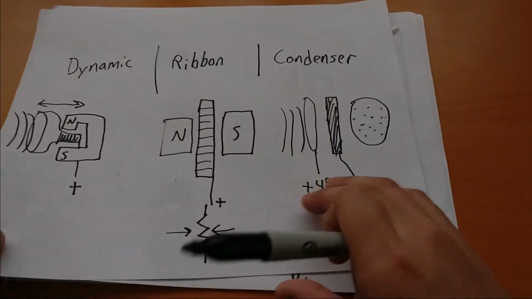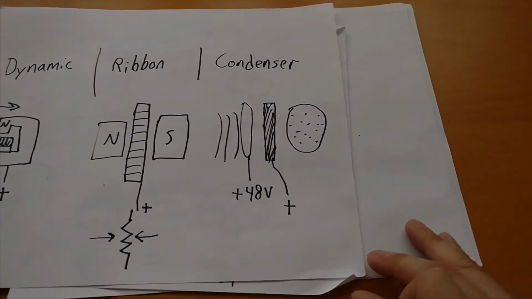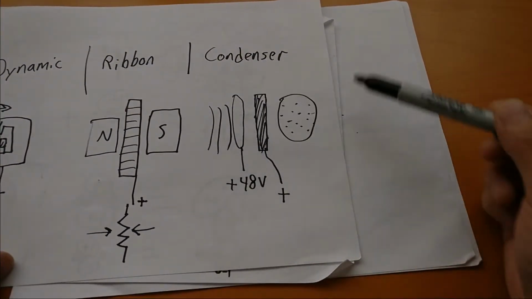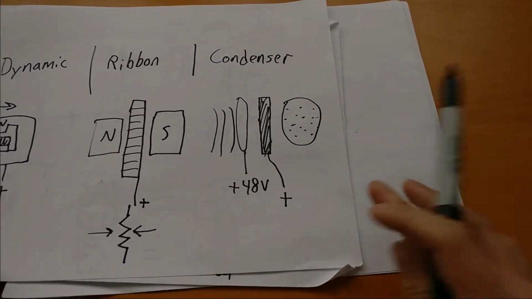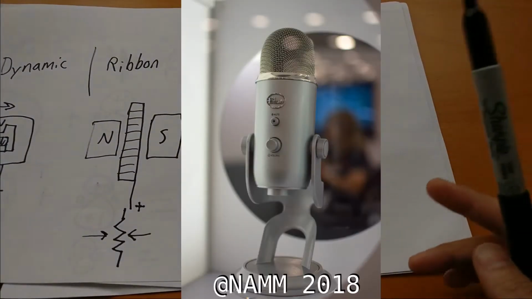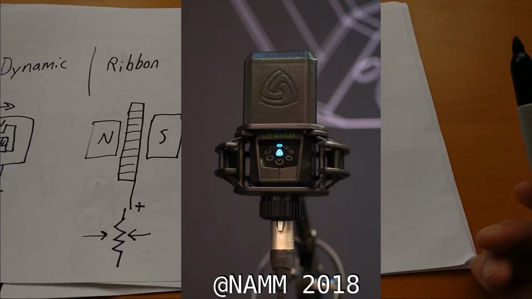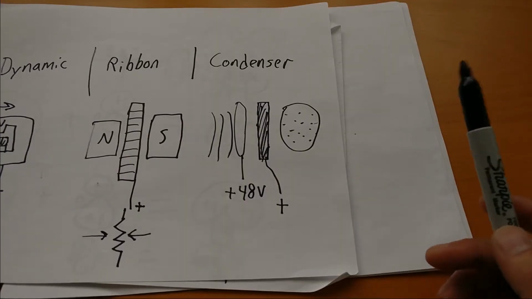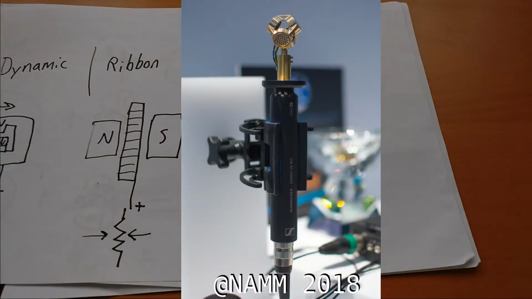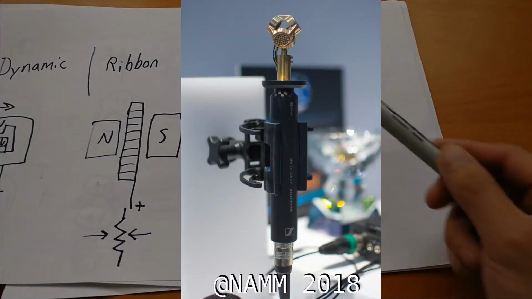If you were to think about the polar pickup patterns in terms of condenser microphones, because condenser microphones are the most common, if you get a Blue Yeti, for example, or a Lewitt brand microphone, or pretty much any other modern brand that has multiple polar pickup patterns, it's going to be multiple condenser microphones.